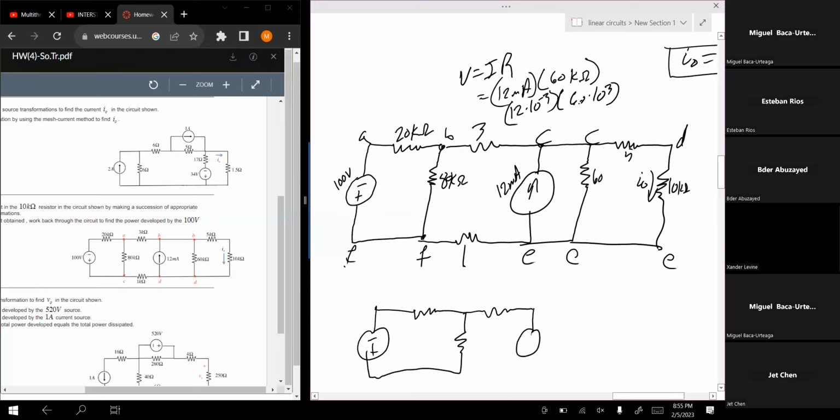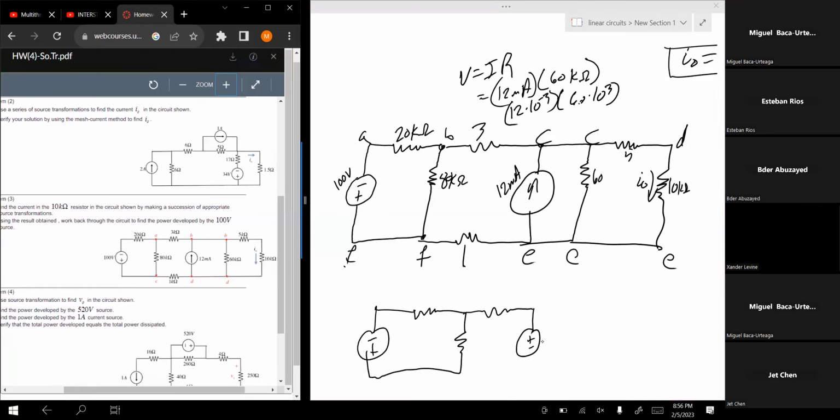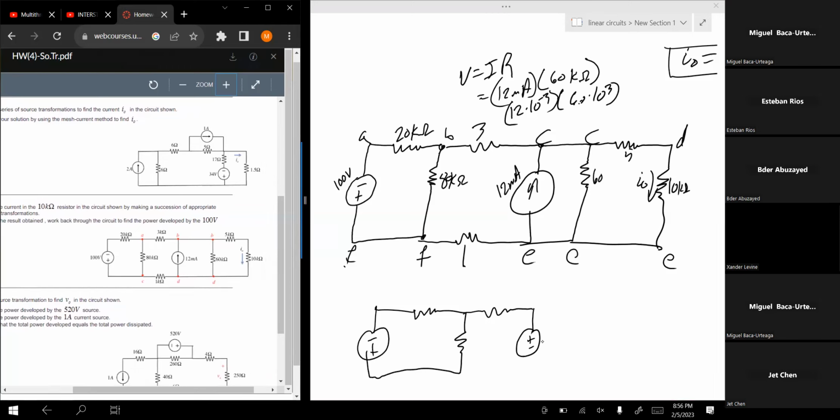Isn't it better to change the voltage source on the left to current because we're trying to find the current? Oh, we're trying to find I naught, right? Yeah, you're right. I think maybe, I don't know. Well, okay, here's what I'm worried about with that though.